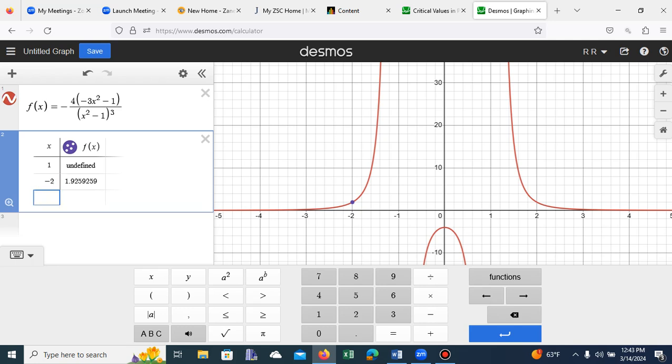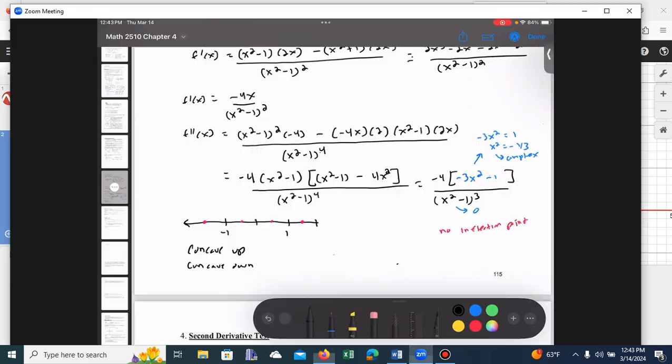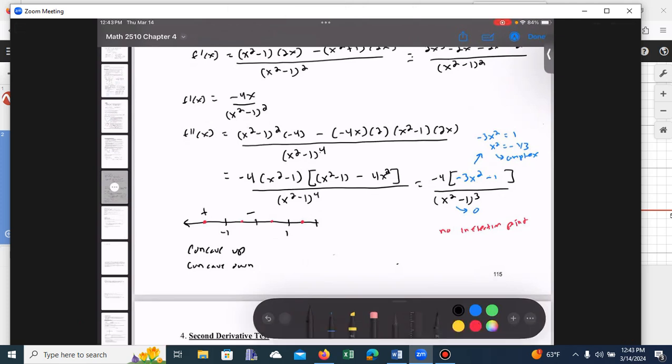We do 0, you get negative, and we do 2, you get positive. So there's a positive, negative, positive. So it's concave up from negative infinity to negative 1, and from 1 to infinity. Concave down between negative 1 and 1. Again, no inflection points because these are asymptotes. So they're not inflection points.